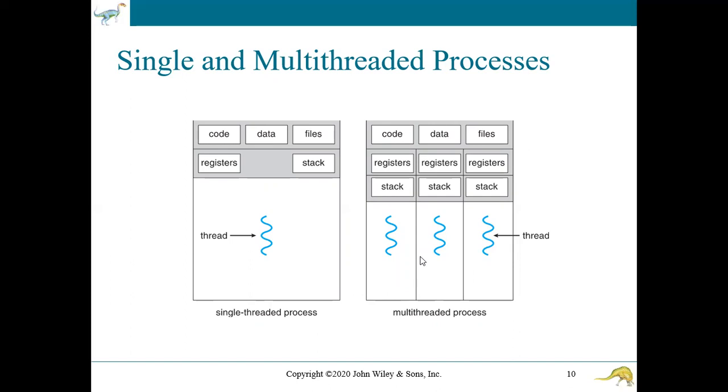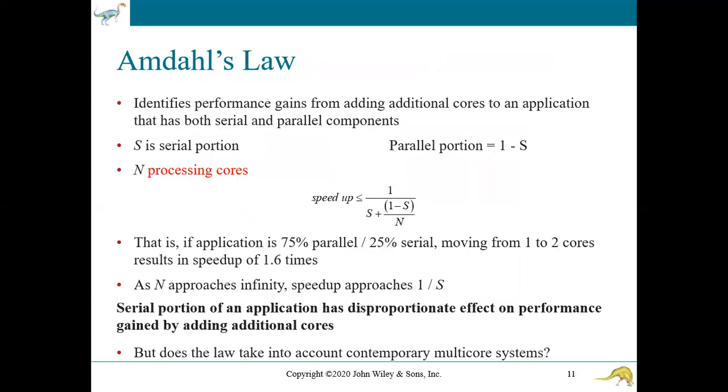The data, the files and the code are all available to all these threads, but the register set is different for each thread. The different registers have different stack pointers and different memory allocation. So that's what makes it unique.